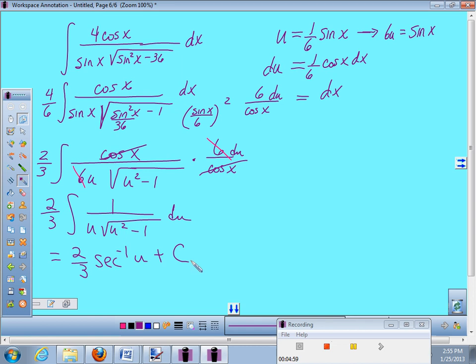And then you just need to put your substitution back in. So 2/3 inverse secant of 1/6 sine of x, or they might write sine of x over 6. Either way is okay. Now, how much fun is that? Not fun at all.